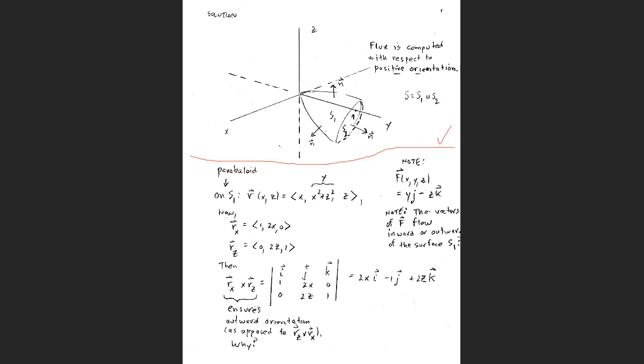So keep in mind now, you have this surface. The surface S is the union of surface S1 given here and surface S2 given here. S1 is the paraboloid, S2 is that disk. There's a vector field that is acting in this three-dimensional space.